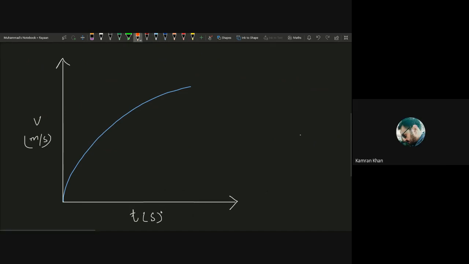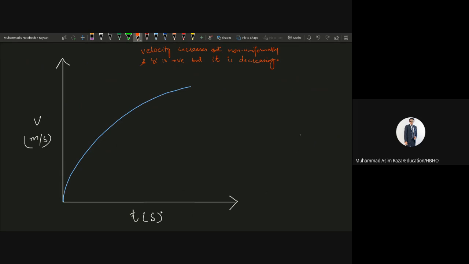We'll say that velocity increases at the beginning non-uniformly, and acceleration, A is for acceleration, is positive, but it is decreasing. Yeah, exactly. Because it is a downward curve, we say that it is decreasing. How do you know that it is decreasing?